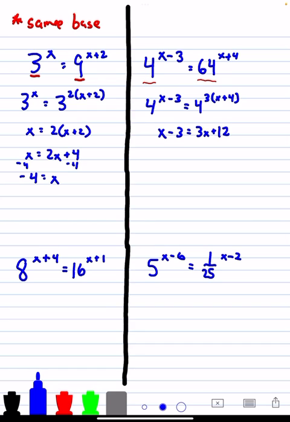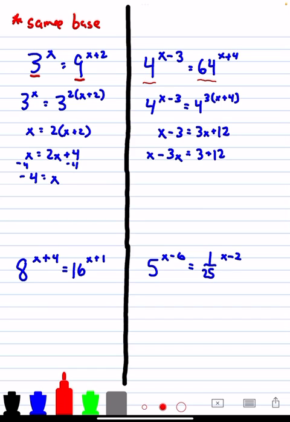And I'm going to do this and try to make it a little more clear for you. All right. We have to get our x's on one side and our numbers on one side of the equation. So I'm going to say x minus 3x equals 3 plus 12. Now, all I did in this case, I moved this 3x, which was positive, but on the other side it was negative.